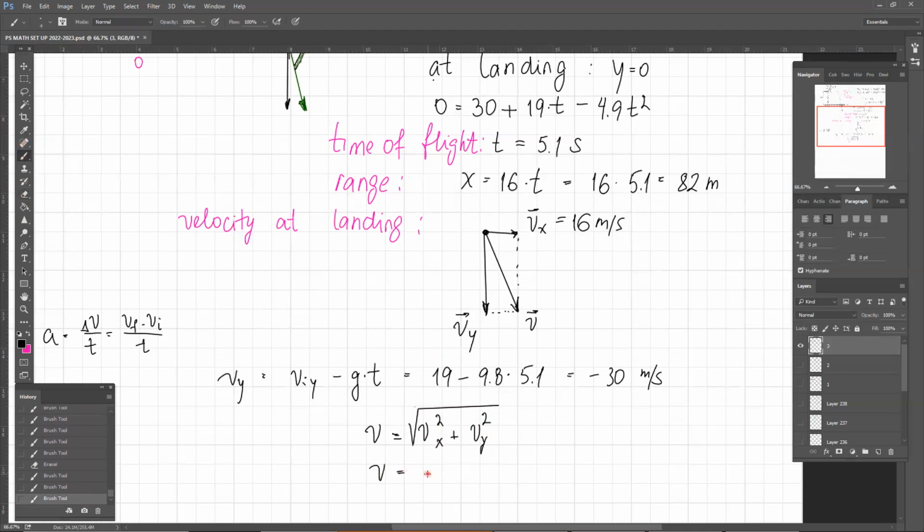So it will be 16 squared, 30 squared. Notice how I completely disregard the negative sign. None of my interest. When negative is squared, it will be positive, so no need to overload the drawings and the solutions. That will be 34 meters per second.